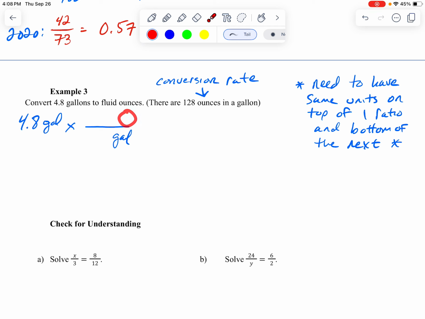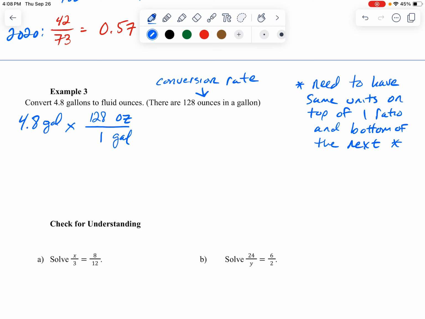If I can just go to ounces in one shot, that's great, like we're going to do now, but sometimes there are going to have to be additional steps in between. So ounces on top, gallons on the bottom. It might help to fill in those units first and then put in the numbers, because this is telling me 128 ounces in a gallon, so that's 1 gallon.